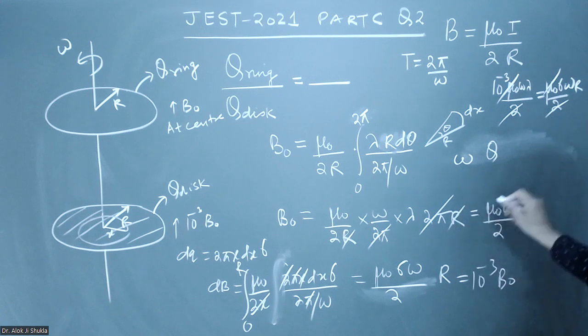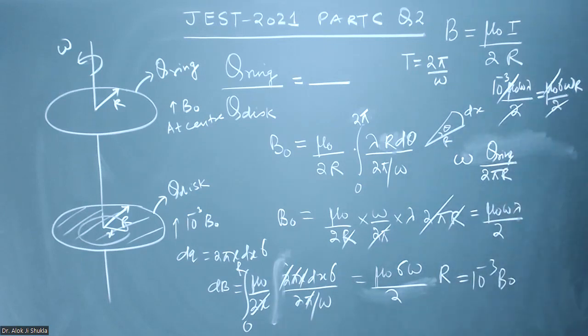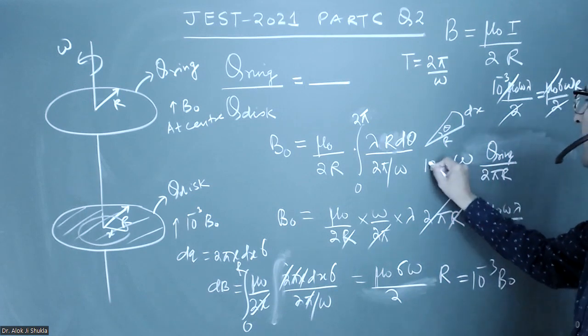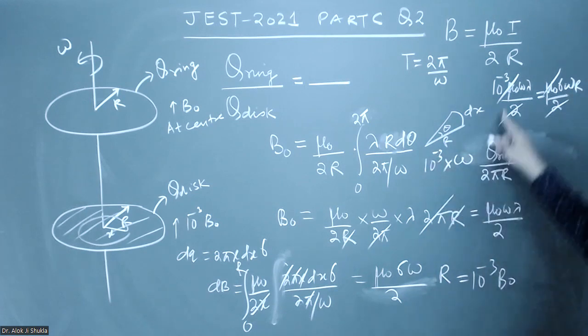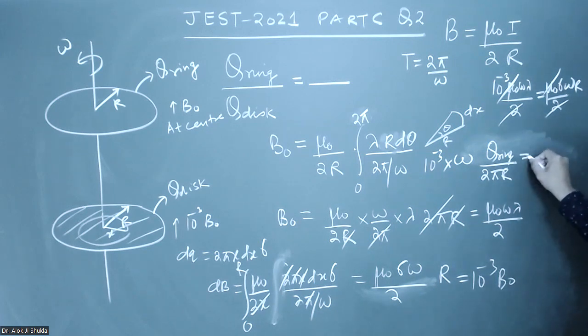Lambda is Q ring by 2 pi R. So 10 to the power minus 3 into omega into lambda is equal to omega into R into sigma, which is Q disk by pi R squared, the area of the disk.